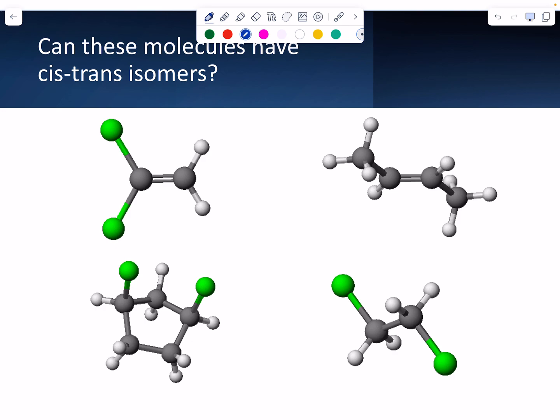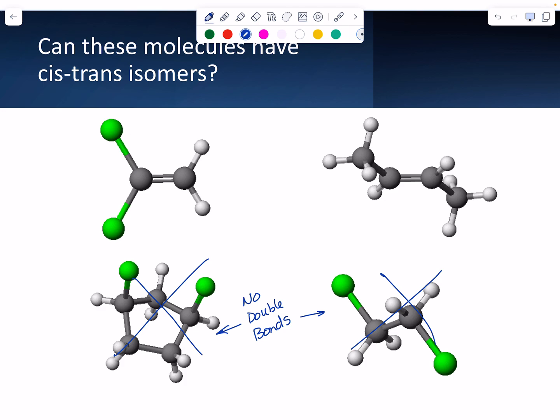What do we need to look for when we're looking for cis versus trans isomers? We need a double bond, right? So these guys don't have double bonds. So that brings us to the top.